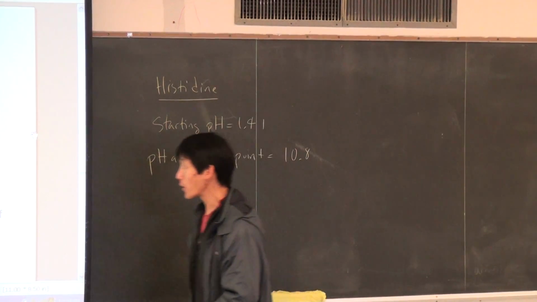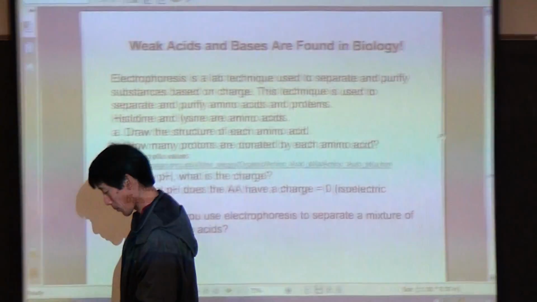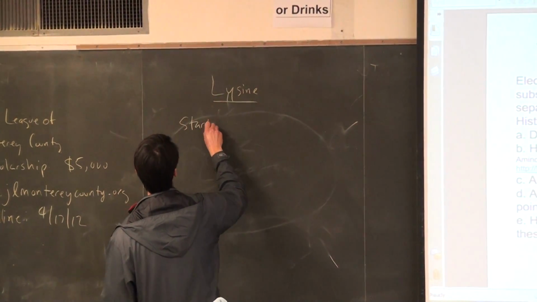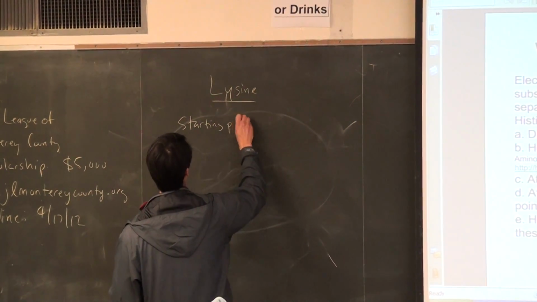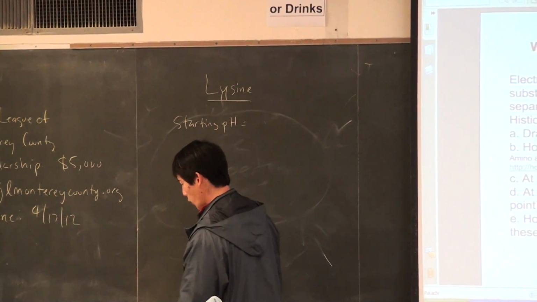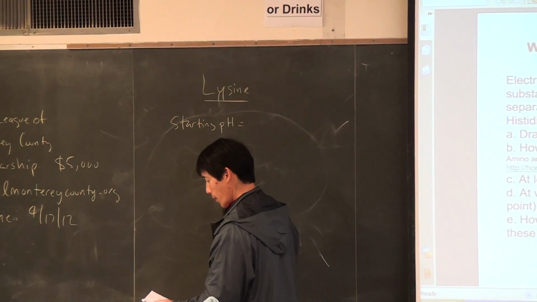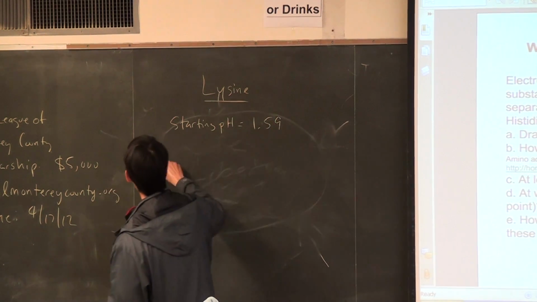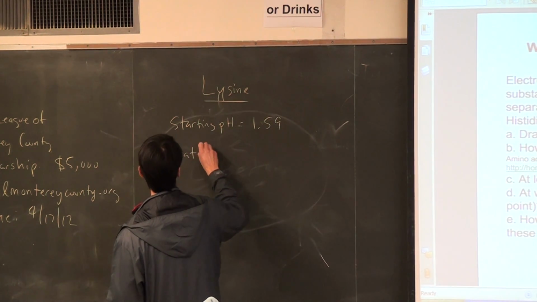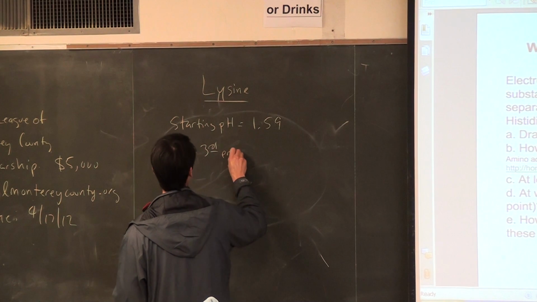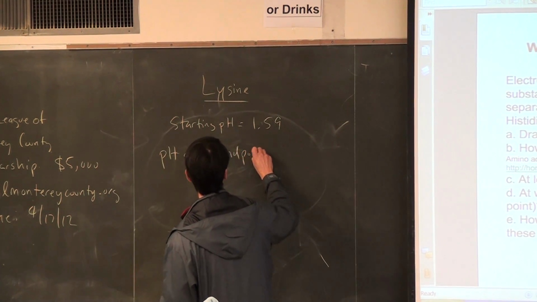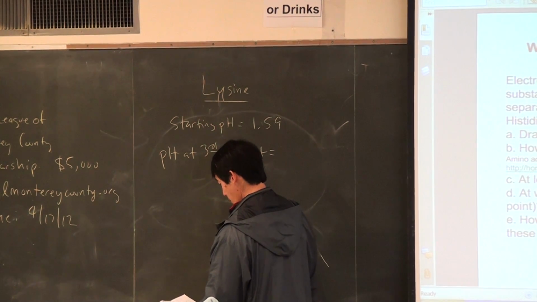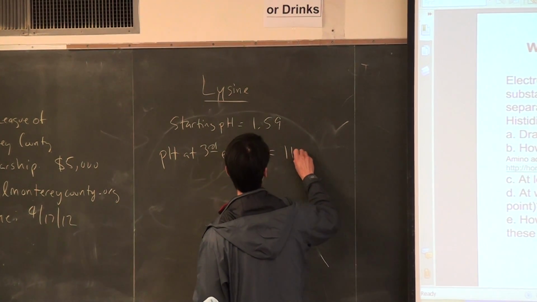And then for lysine, the starting pH is equal to 1.59, and the pH at the third endpoint is equal to 11.5.